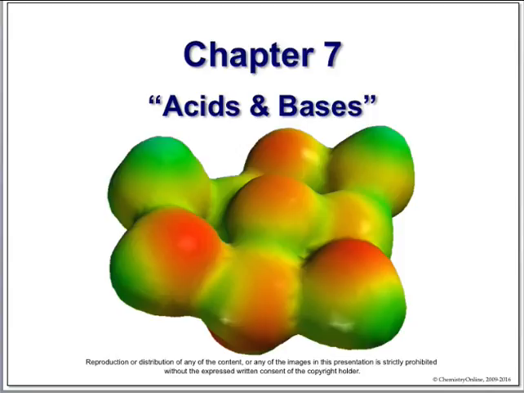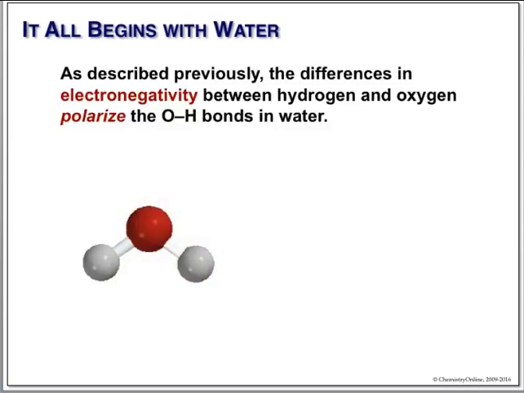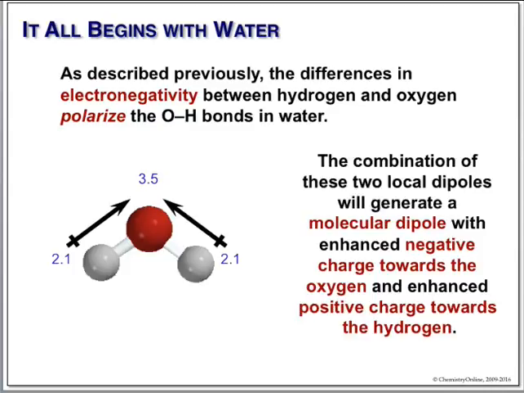All right. Just like last chapter, everything starts with water. We talked about the differences in electronegativities between hydrogen and oxygen, and we said that there were dipoles associated with these covalent bonds.